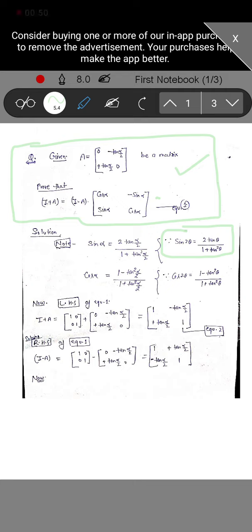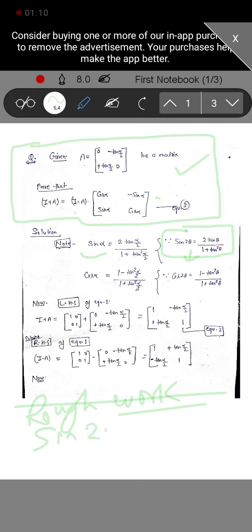Using this identity, I have found the value of sine alpha, because when you replace 2 theta by alpha, that means we have 2 times alpha by 2. When you multiply this, you get sine alpha again.